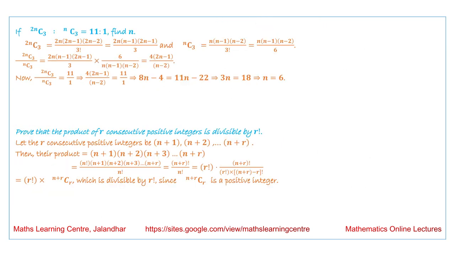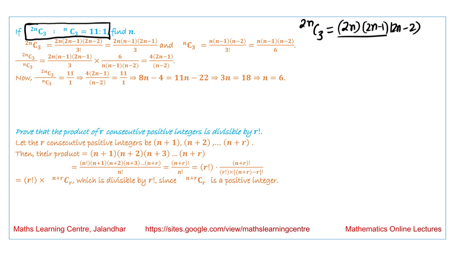Now next we are given that 2nC3 : nC3 is equal to 11:1. So if we write the value of 2nC3, it is 2n into 2n minus 1 into 2n minus 2 divided by 3 factorial, and the value of nC3 is equal to n into n minus 1 into n minus 2 divided by 3 factorial.